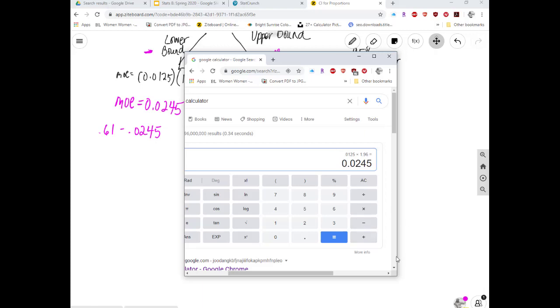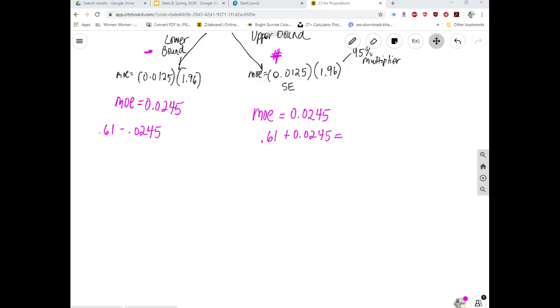Okay, here's my margin of error. On this side, I'm just going to add it, 0.61 plus 0.0245 equals. I'm going to get 0.6345.